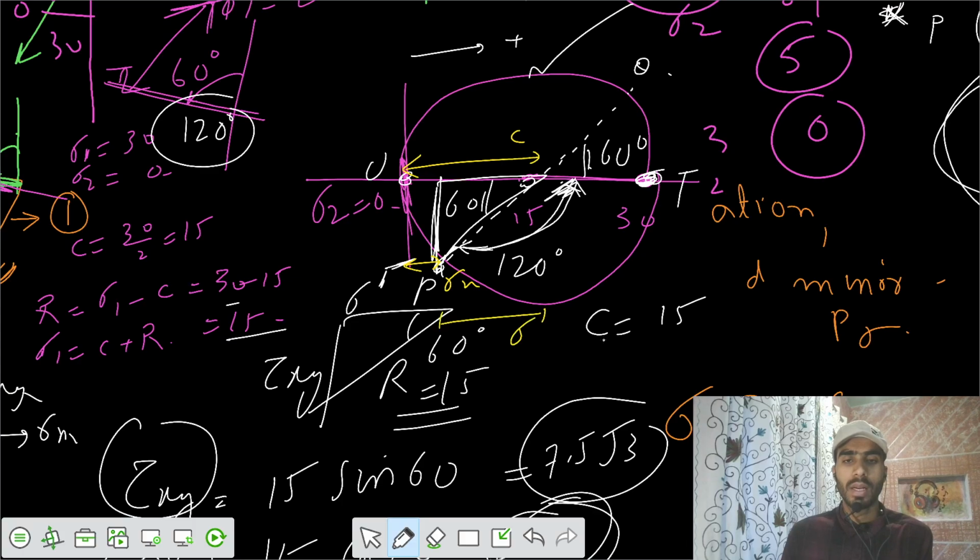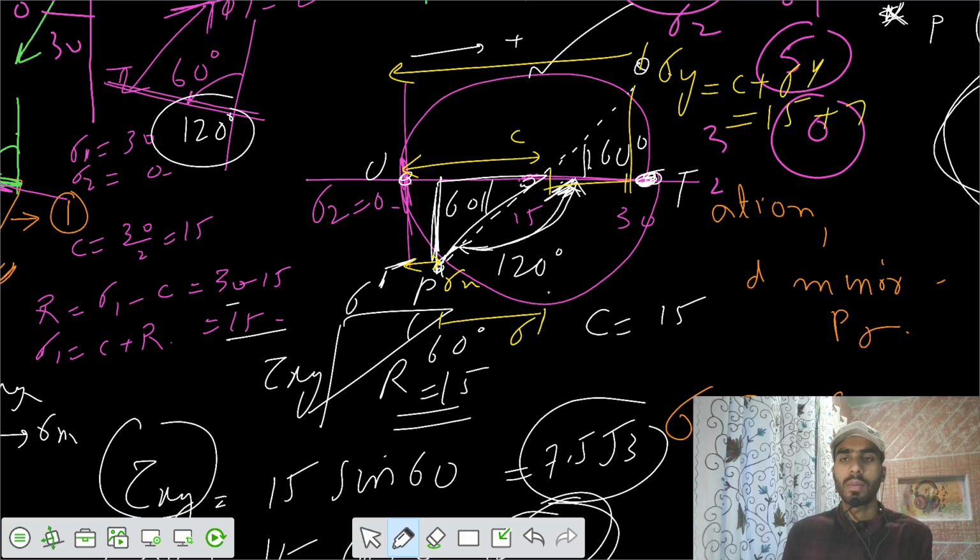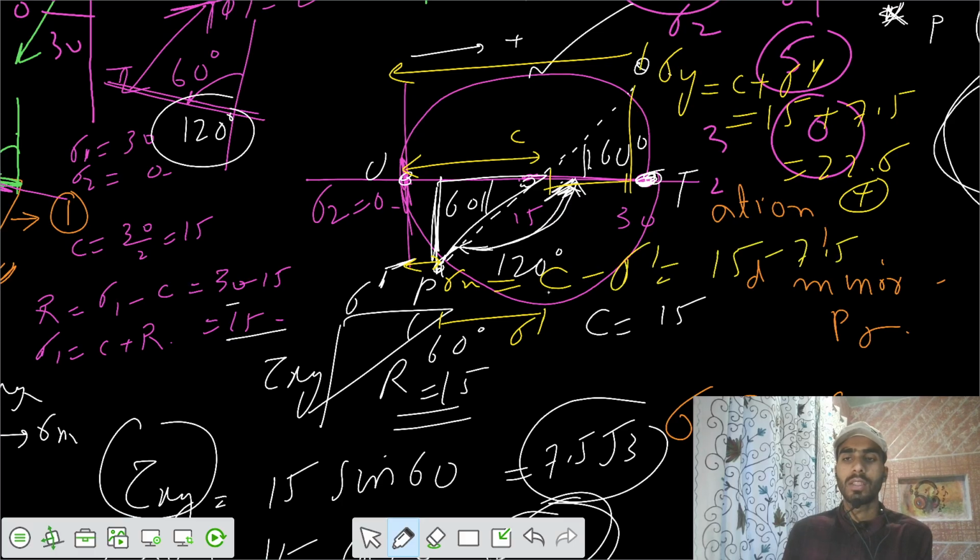This is sigma dash, and this is also sigma dash. Up to the plane Q, there is some sigma y. Sigma y equals c plus sigma dash, that is 22.5 positive. Similarly, sigma x equals c minus sigma dash, that's 15 minus 7.5, that's 7.5.